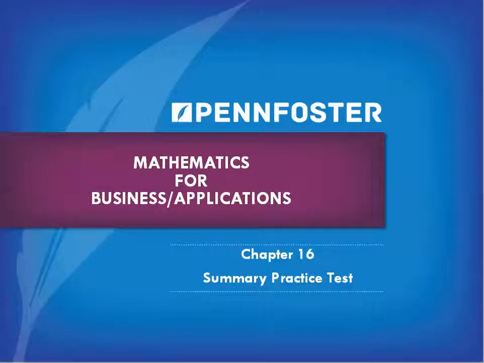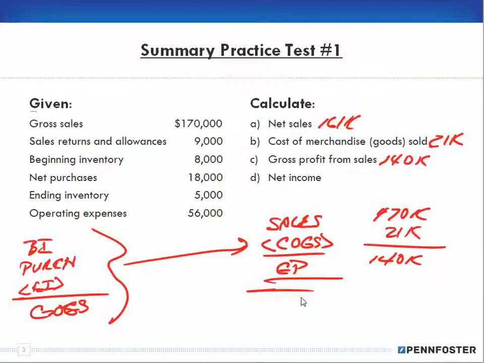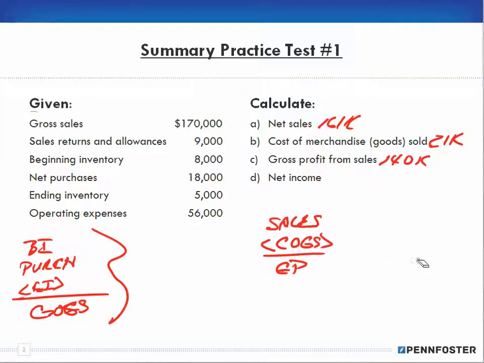Okay, and welcome back, students taking Math for Business and Finance and Math Applications, and we're working on the Chapter 16 Summary Practice Test, problem number 1, and it's part D. And for D, the net income, in the previous video, you saw me explain that we have our sales less cost of goods sold gives us our gross profit.